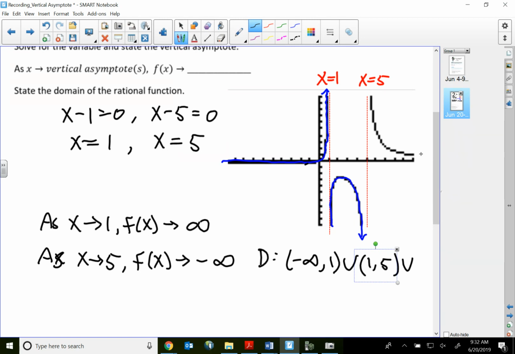This piece of the function is from 5, keep on going to the right. So two vertical asymptotes, or two restrictions on the domain, divide my entire rational function into three pieces. That's why my domain also has to reflect the three pieces that I'm looking at.